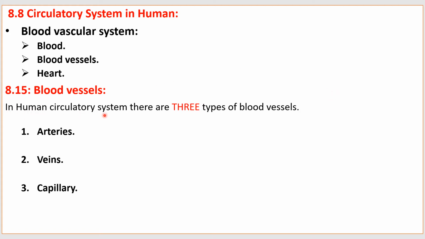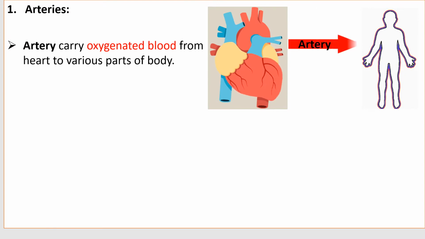In the human circulatory system, there are three types of blood vessels: arteries, veins, and capillaries. Arteries. Artery carries oxygenated blood from heart to various parts of the body.